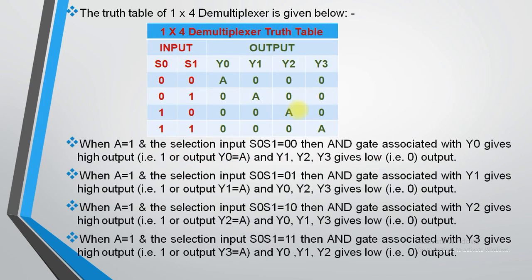From the truth table, you can write the given 4 points. At a time, only one output line is activated. An output line is activated based on the selection input lines.